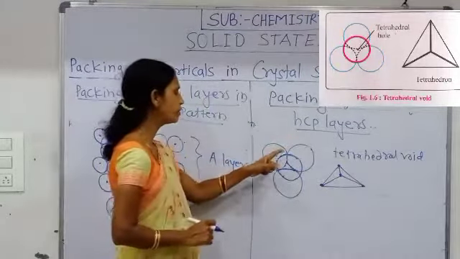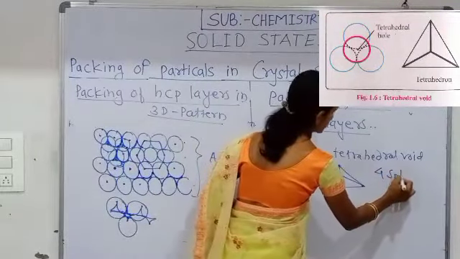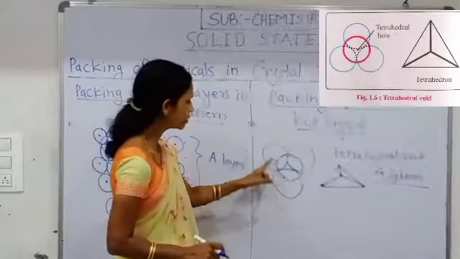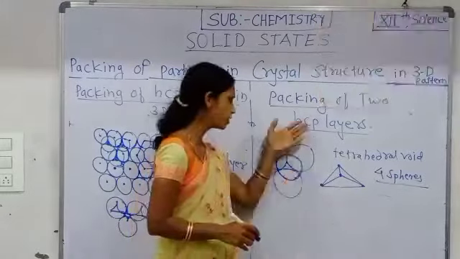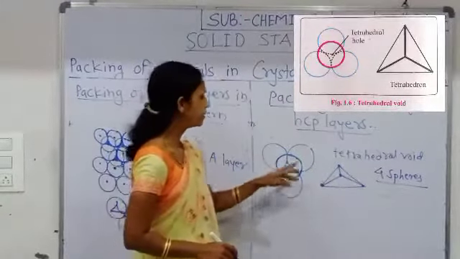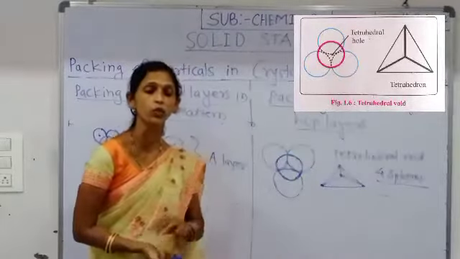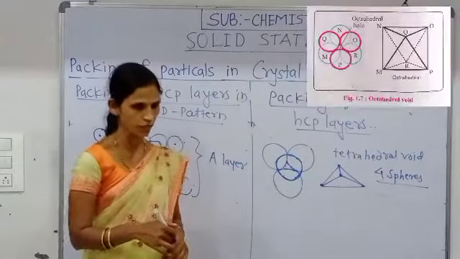And tetrahedral void formation takes place by 4 spheres, that is 3 spheres in the one layer and 1 sphere from the second layer. And therefore that triangular void is converted into tetrahedral void.